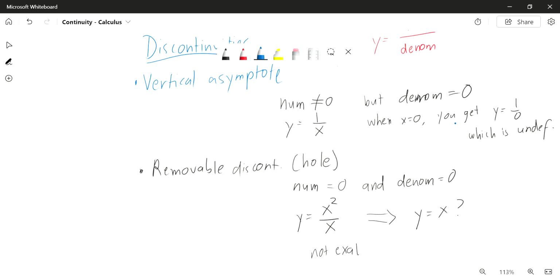Not exactly, because when x is 0, you get 0 over 0. This is indeterminate, meaning that you would most likely get a hole if you were to graph this.